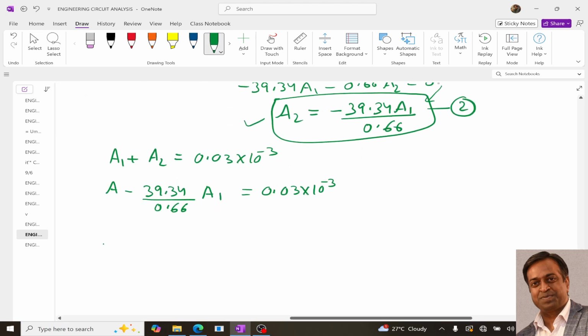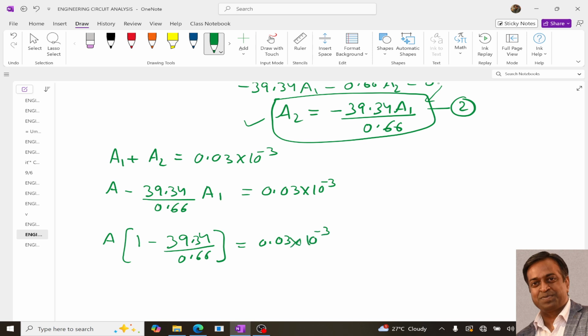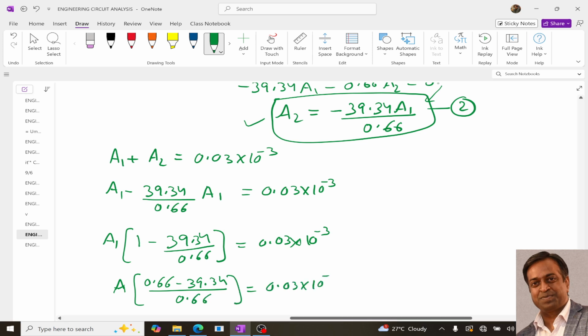So A1 times (1 minus 39.34 upon 0.66) equals 0.03 into 10 power minus 3.